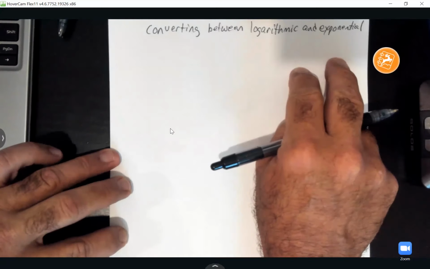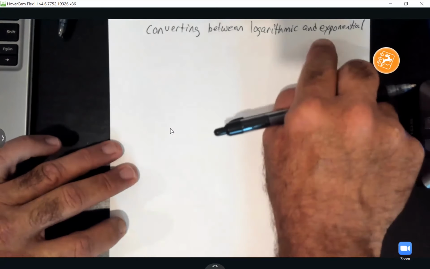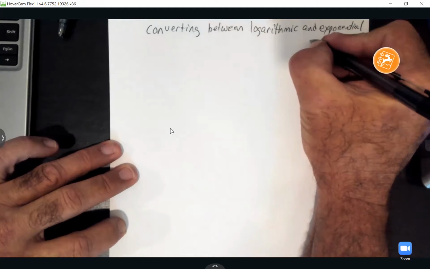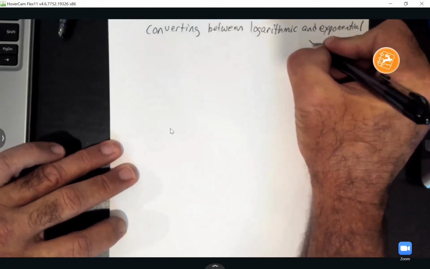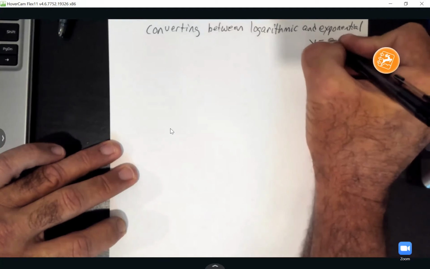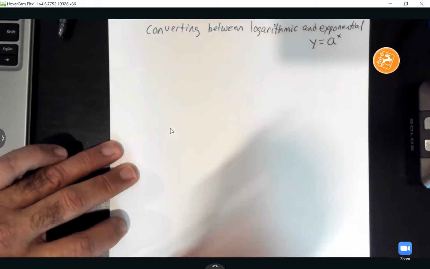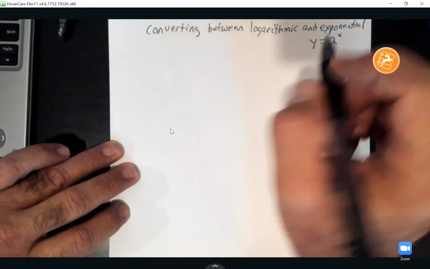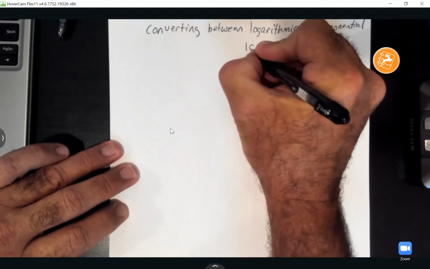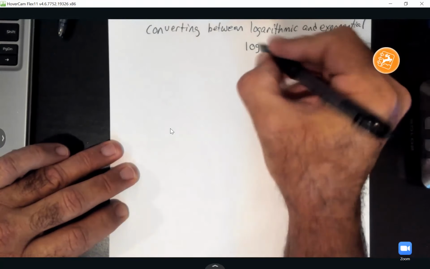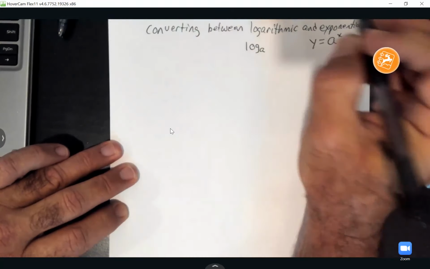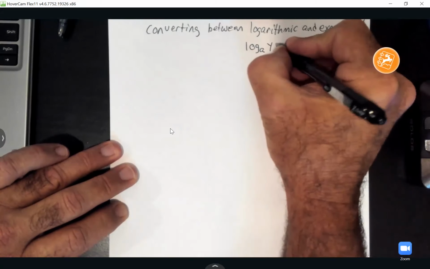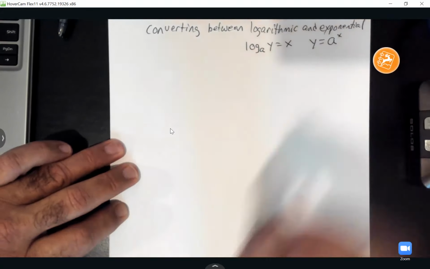Exponential means it's going to be written with exponents. So remember, exponential would be something like y equals a to the x. Logarithmic would be using the logs. Log base a of y equals x.